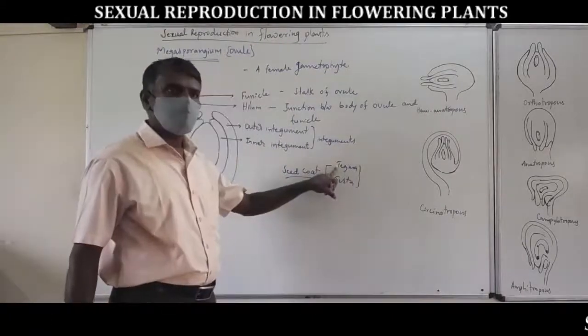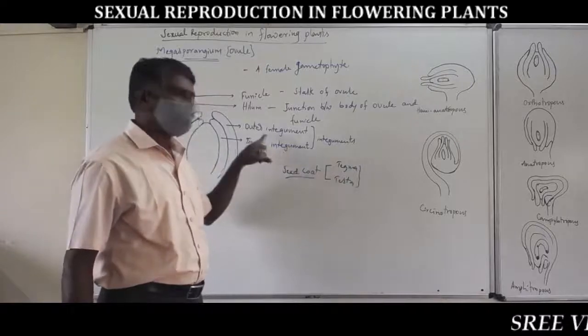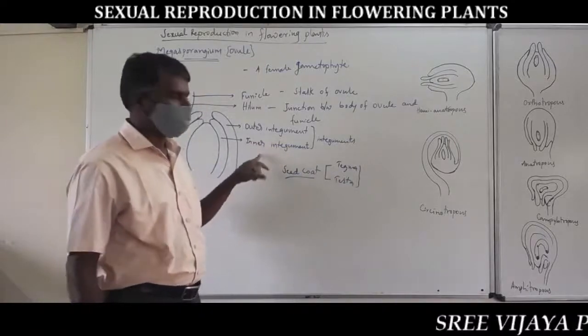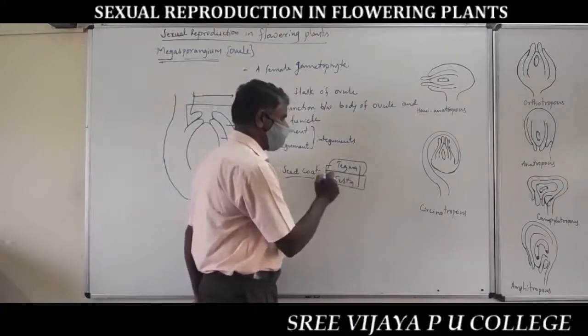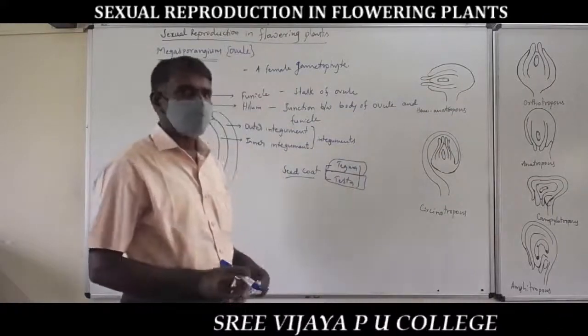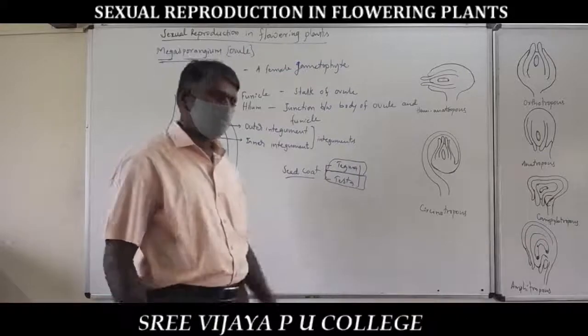These two layers are formed by the outer integument and inner integument. The testa and tegmen are easily differentiated in the seed coat of the tamarind seed.